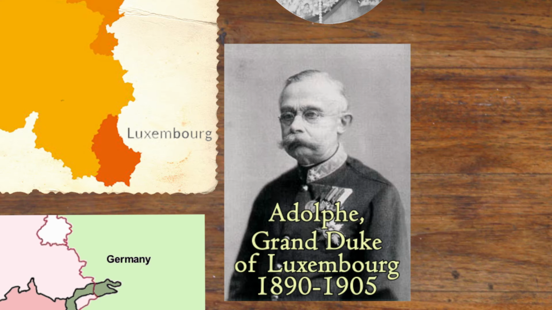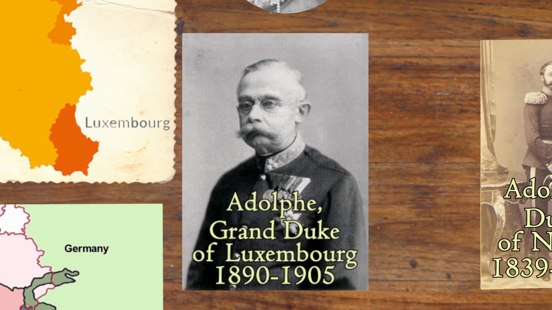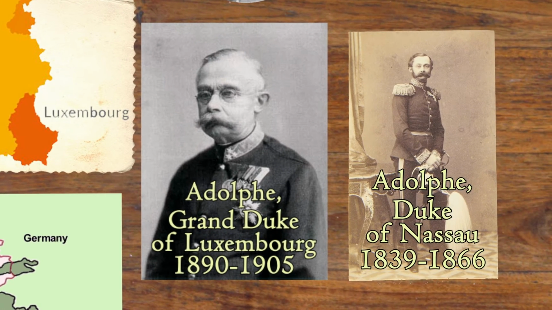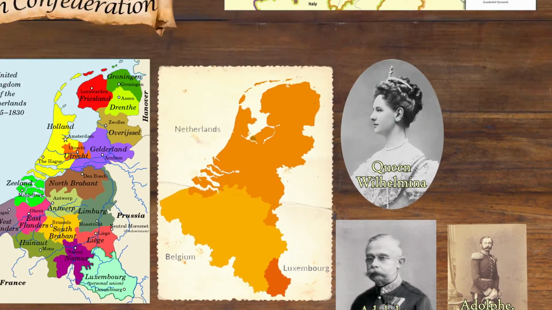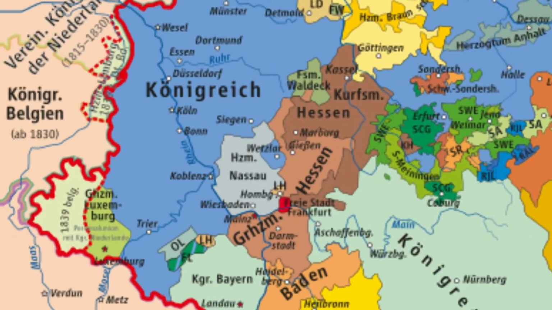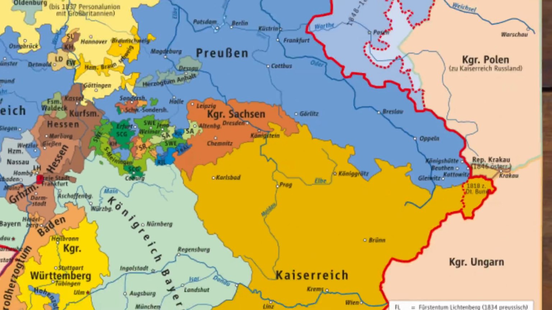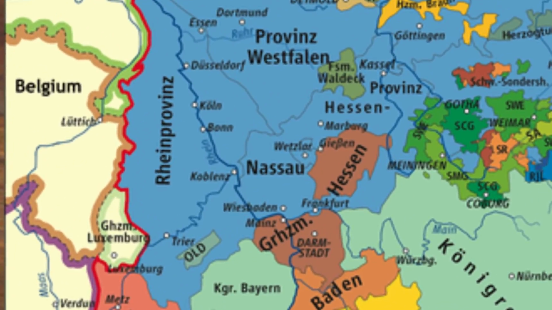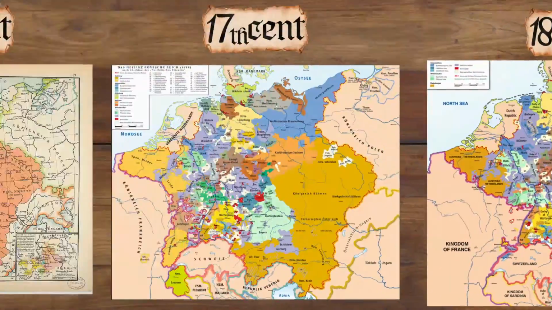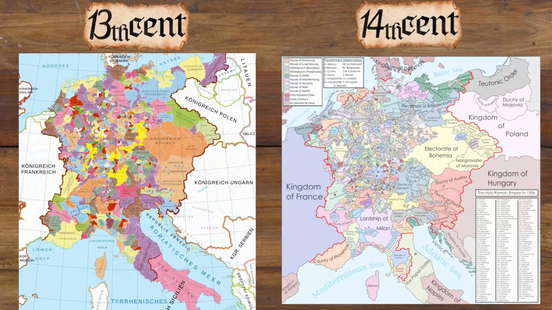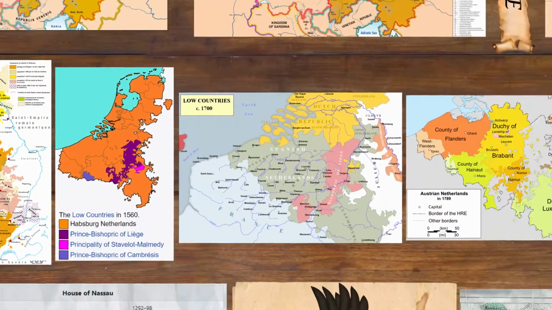He actually had been a duke before, as earlier in his life he actually had been the Duke of Nassau, but as the Duchy of Nassau was within the German Confederation, it was annexed by Prussia during the unification.